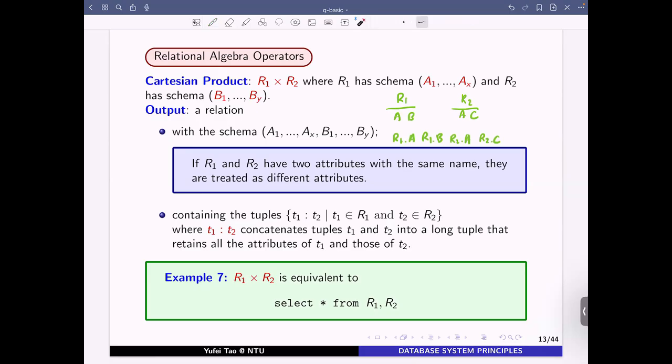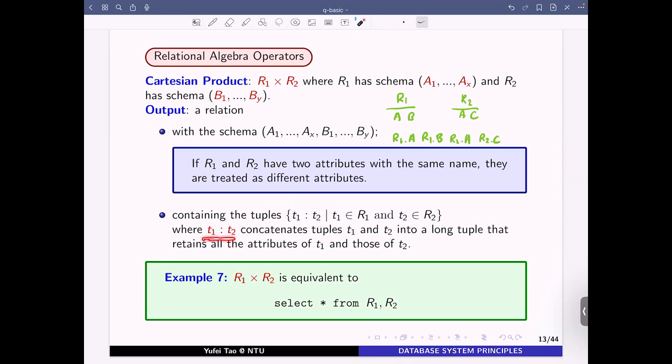But how about the contents, the rows? The rows work as follows. You look at any tuple t1 in R1 and any tuple t2 in R2, and then you put them together. You concatenate them, so you put all the values in t2 after the values in t1.